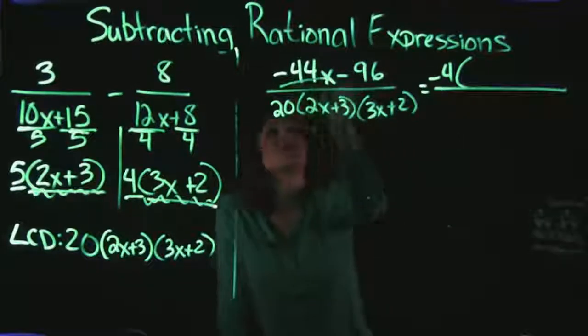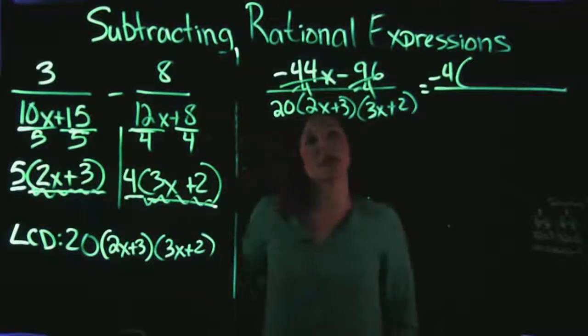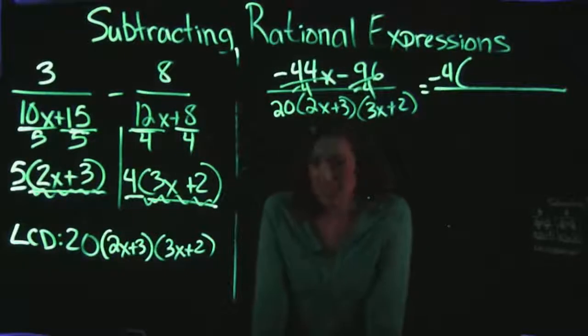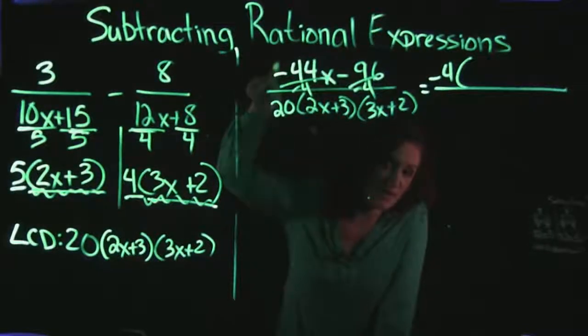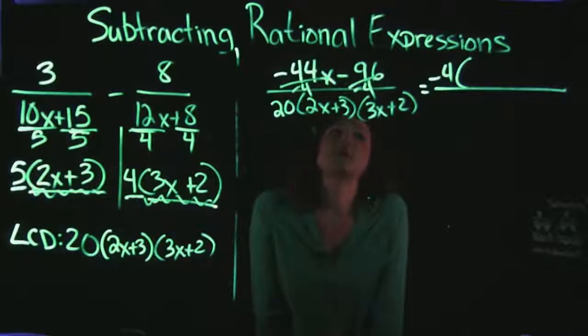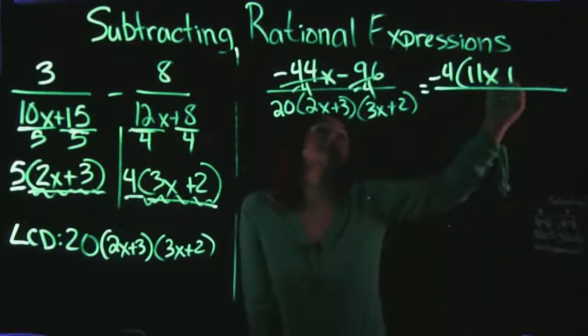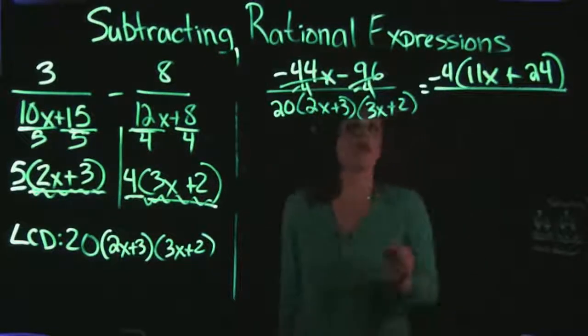So 44 and 96, we can divide out a negative 4. Remember, we want to tack on the negative because when it comes to factoring, anytime your leading term is negative, you do want to factor out that negative. When we factor out that negative 4, we are left with 11x plus 24.